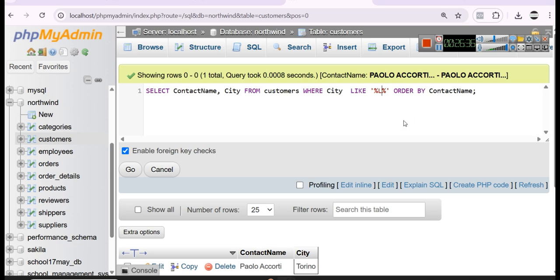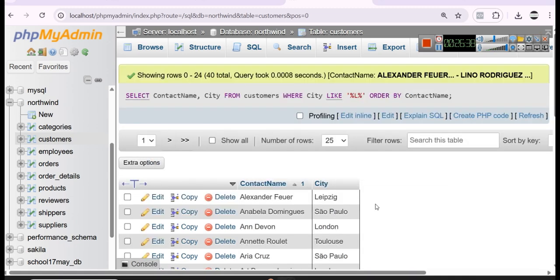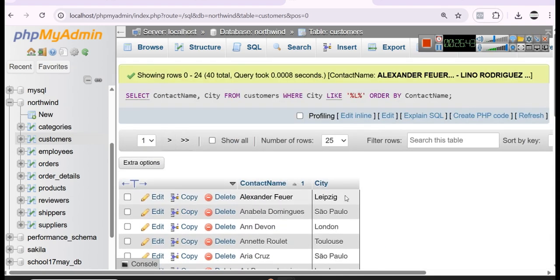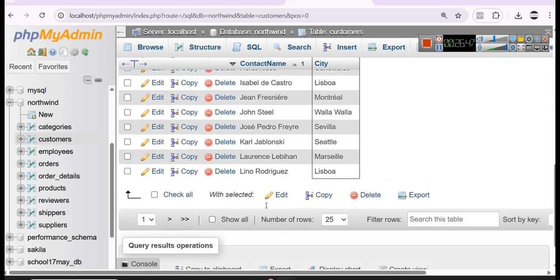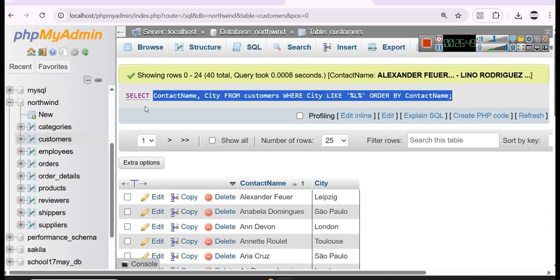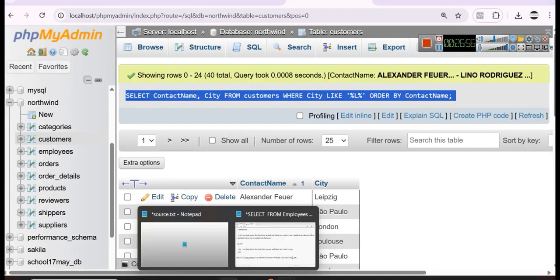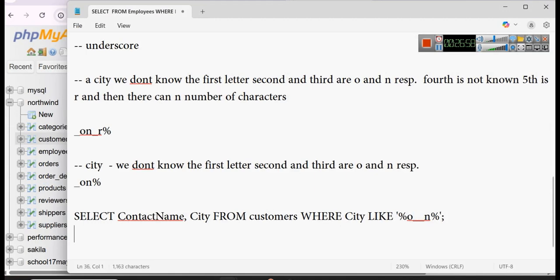So this is something that we already studied. And now you can see we have so many cities having L in their name, and these are now sorted with contact name. So this is your query, and this is the query for question number 21. So you also have to practice this today.